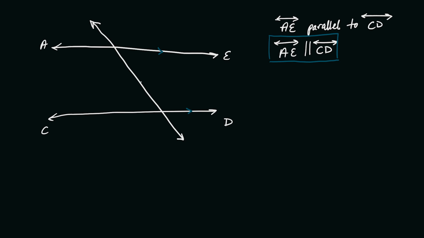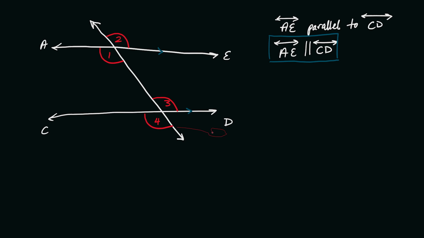Now, we're gonna start having some angles here. Let's say that this is angle 1, and this is angle 2. Say this is angle 3. And then we can have angle 4 right here.